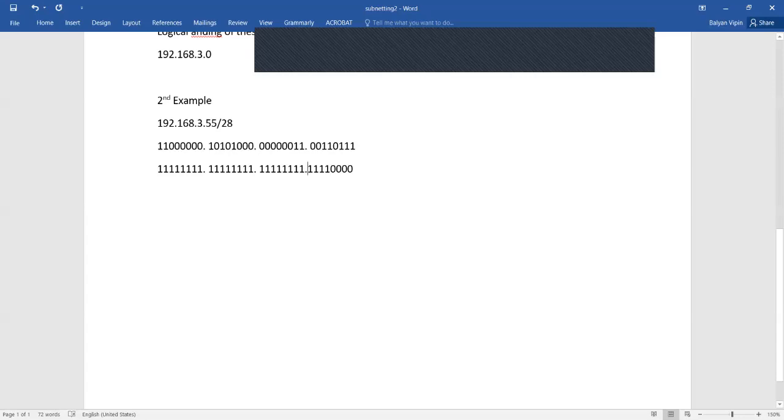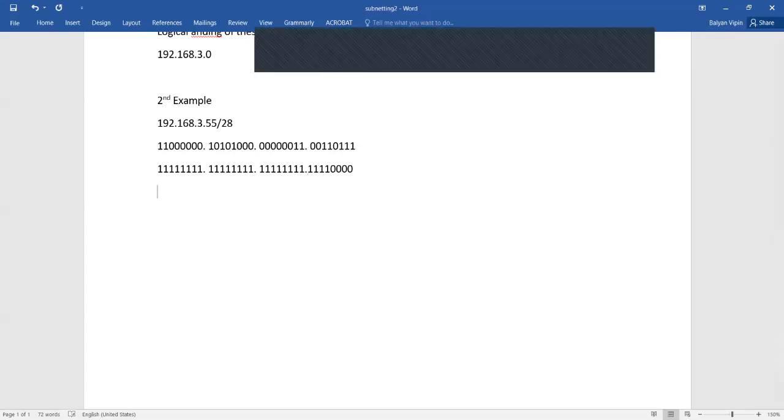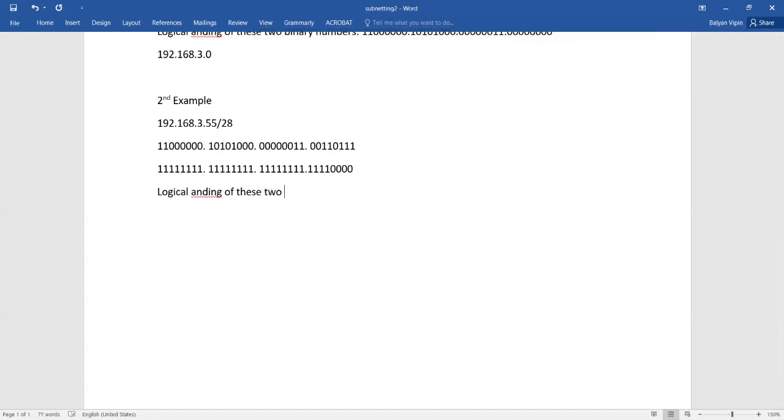So now, in this case, if the question asked is that you need to find the network address, or you can say the network ID of this network, then again you will do the logical AND of these two binary numbers.